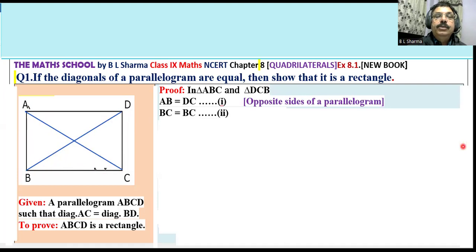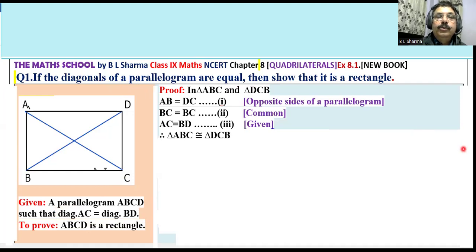And BC is equal to BC, common, and AC is equal to BD. It is given, diagonals are equal. So we can write given. So by the SSS congruence rule, the two triangles are congruent. So triangle ABC is congruent to triangle DCB by SSS congruency.